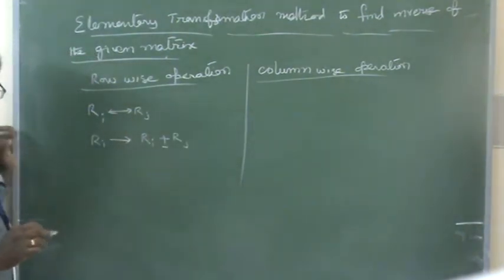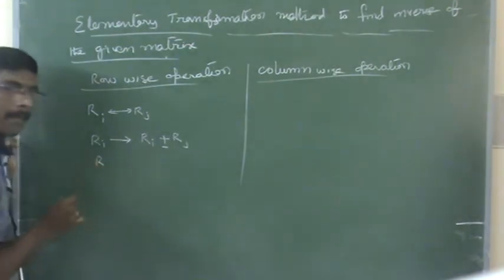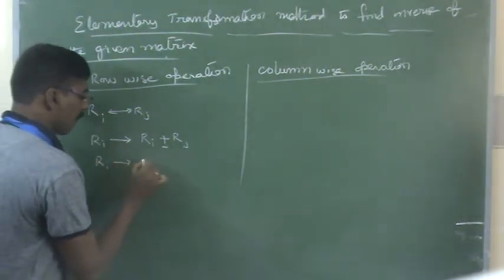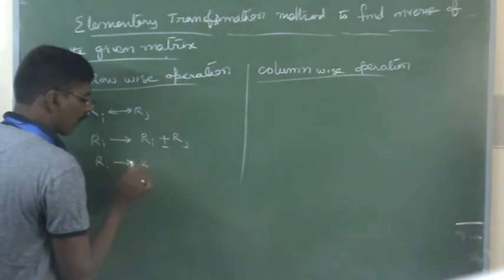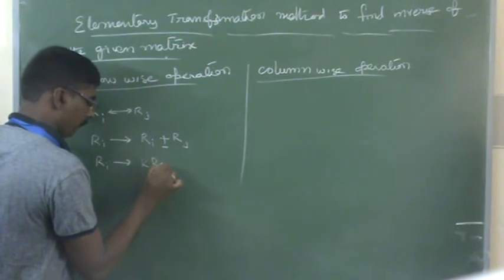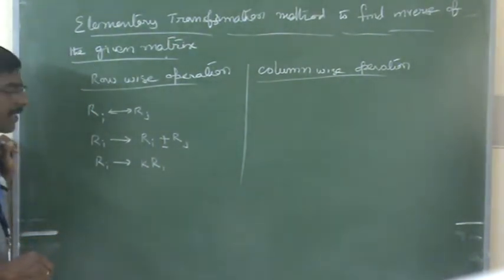Very important. Next, Ri tends to some constant k into Ri. Here k is nothing but a scalar, some constant. You can remember, very important for you.